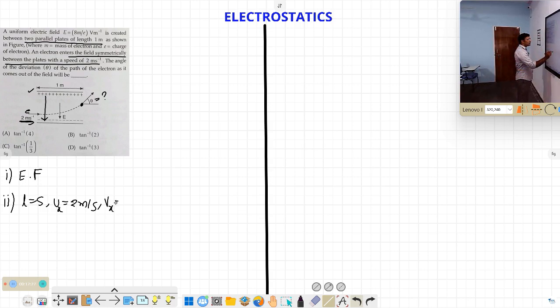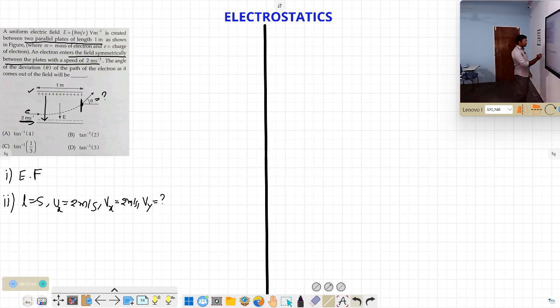One is horizontal velocity, that is Vx, and vertical velocity, that is Vy. Horizontal velocity will remain the same because there is no field acting along the x-axis, so that is nothing but 2 meter per second. But vertical velocity we don't know in the question. So second concept, you need to find what is the velocity when the electron reaches this position.